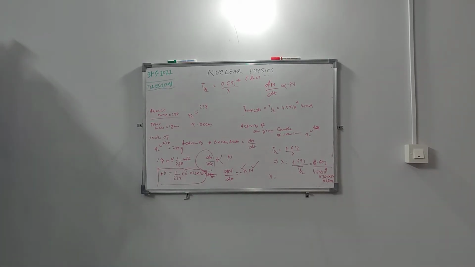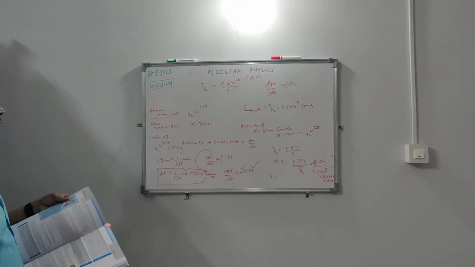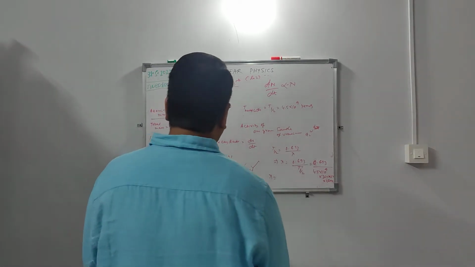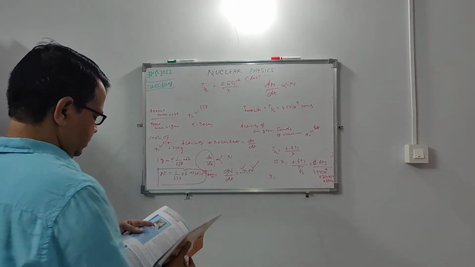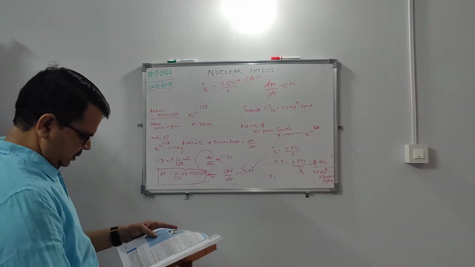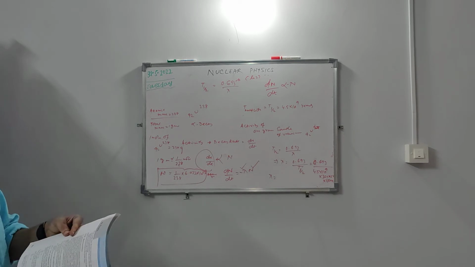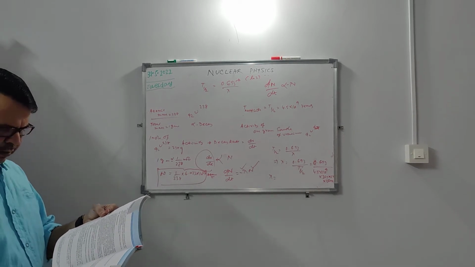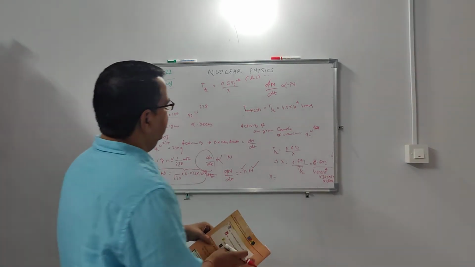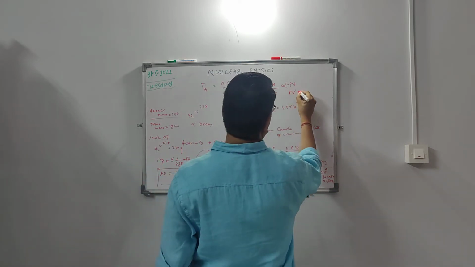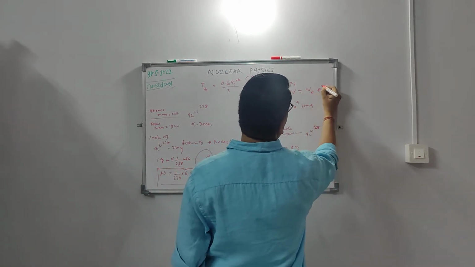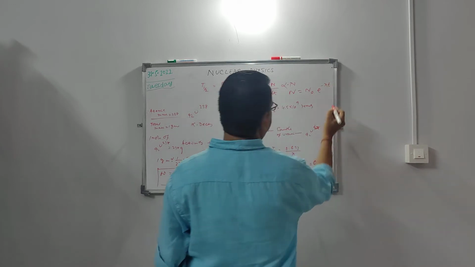So this curve actually is an exponential curve. Say n is equal to n0 e to the power minus lambda t.